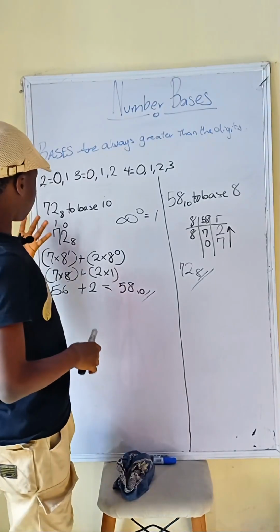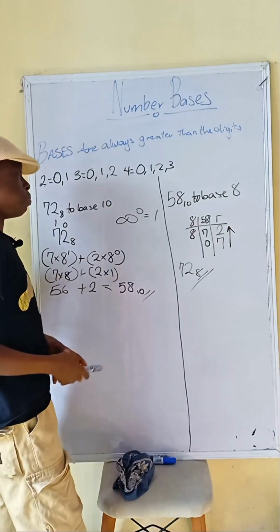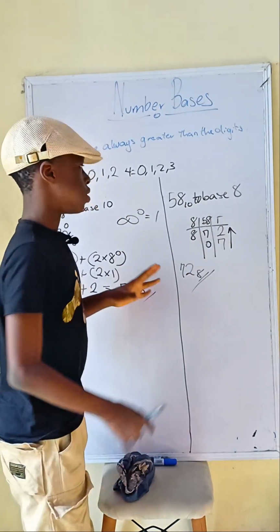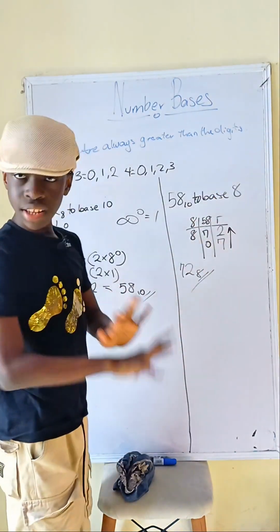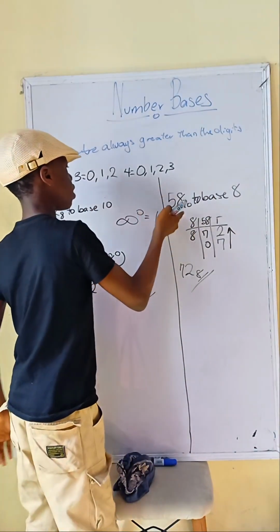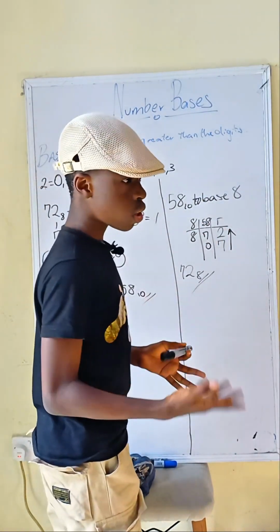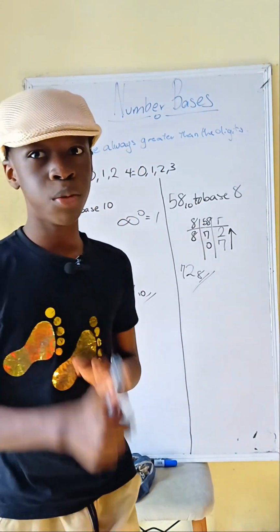Didn't we get the same answer that we did before? So this is how to convert base 10 to any other base. So let's try something a little bit more tricky.